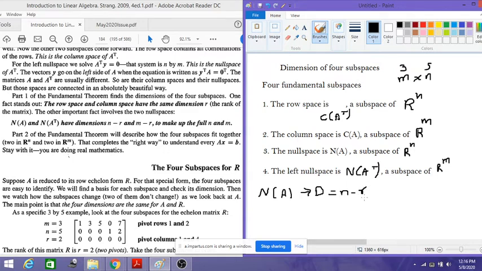It means the number of columns minus the rank of the matrix defines the dimension of this null space in terms of columns. If we talk about the null space in terms of rows, that is N of A transpose, its dimension is m minus r, the number of rows minus the rank. That defines the dimension of the left null space.